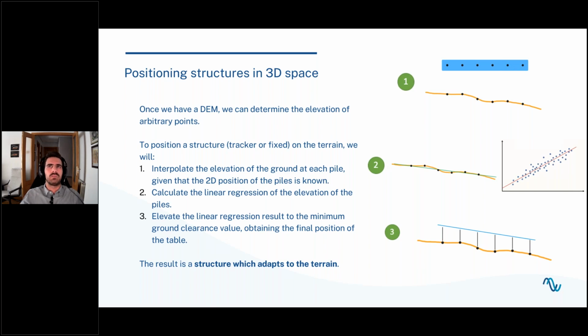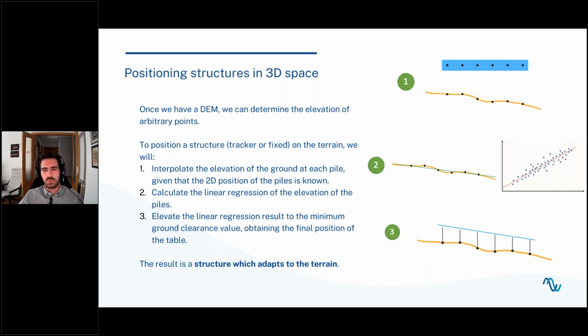This is why we needed a DEM, why we needed a surface, because we were going to require the elevation of points which weren't initially present in the data set. These points aren't present in your custom CSV file, so we need to calculate their elevation in some other way. That's why we require an interpolation method, a surface, and that is why we have all those different methods.